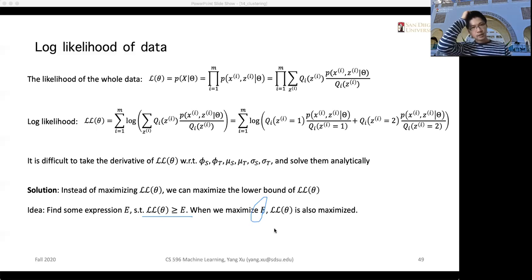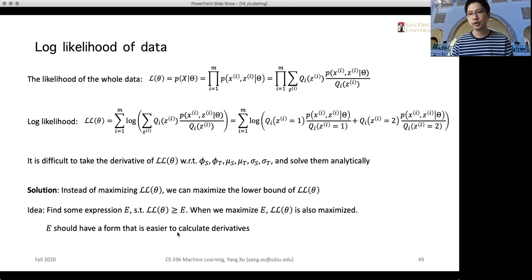I think it's a pretty advanced technique. So in the next few slides, I put an optional label on each slide, so it is optional. But I will go through it quickly so that you know how it basically works.